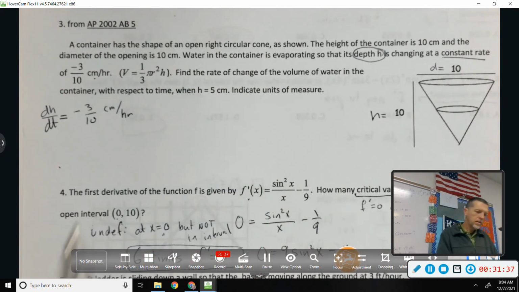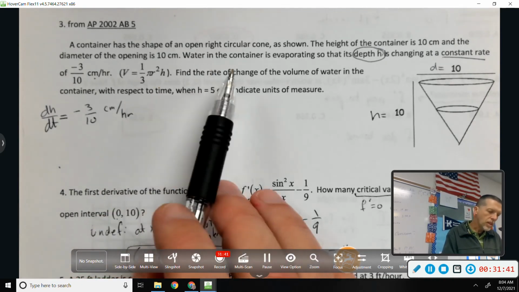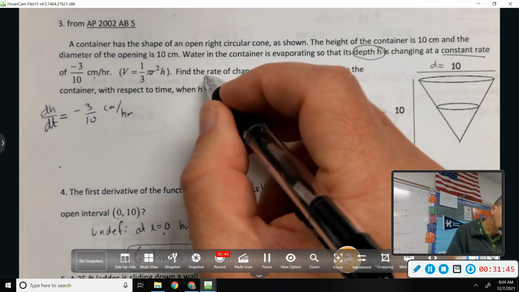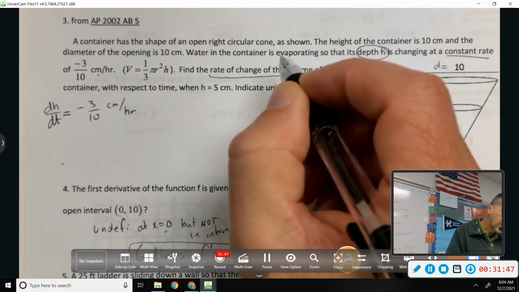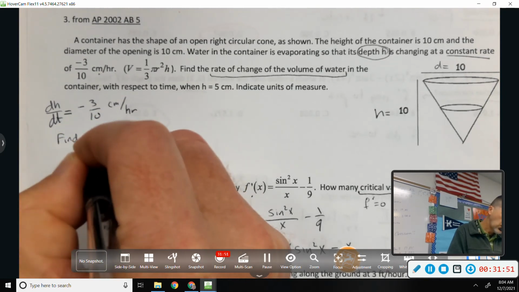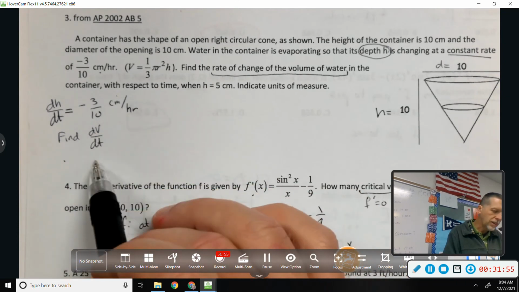They conveniently give us the volume of a cone. Find the rate of change of the volume of water. So that's dV/dt. With respect to time, so dV/dt, when h is 5.